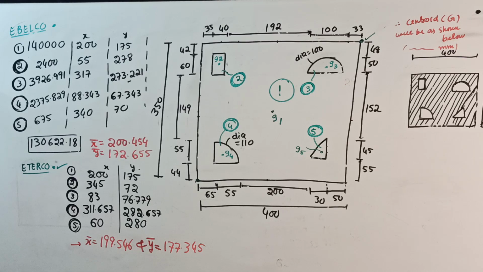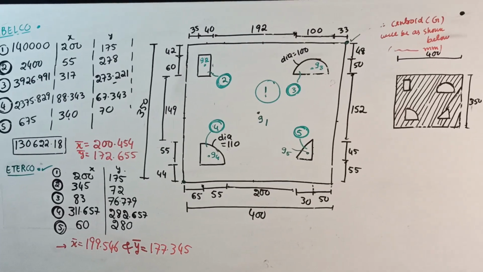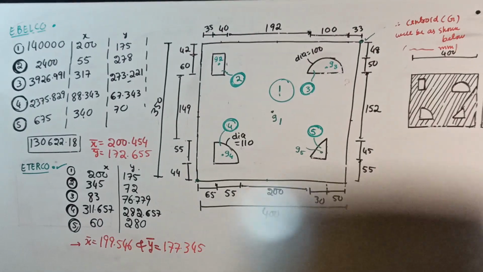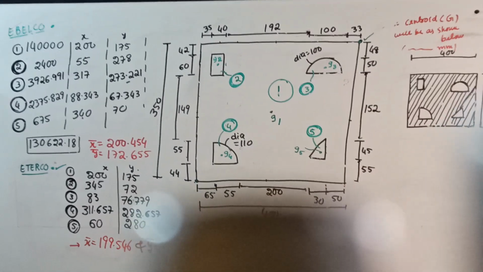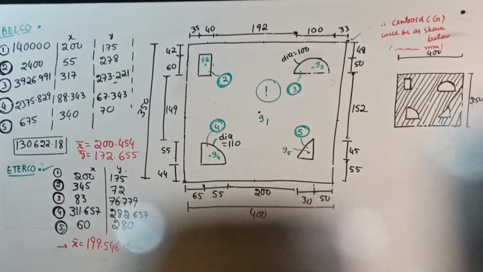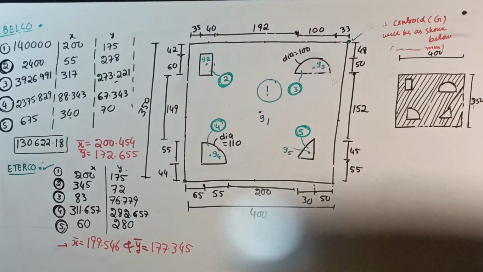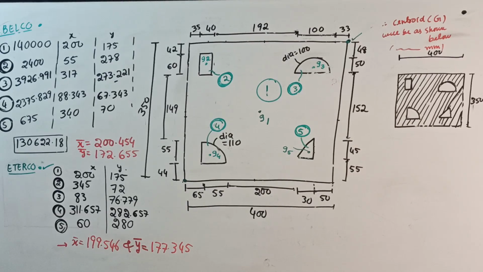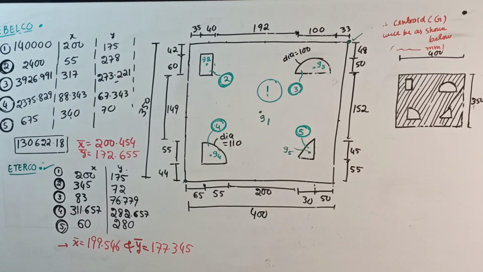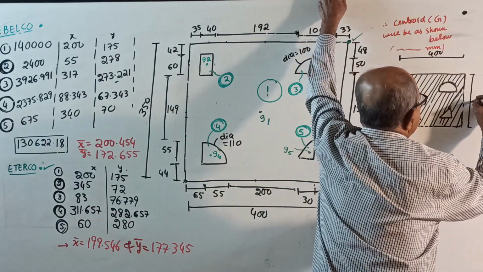I should slightly tilt it so that you can see it. One minute. Still a little more, so that it should be visible for you. Okay, now okay. Okay, 350. I think you can make out from there. Already I told you it's 350. I'll write here 350.